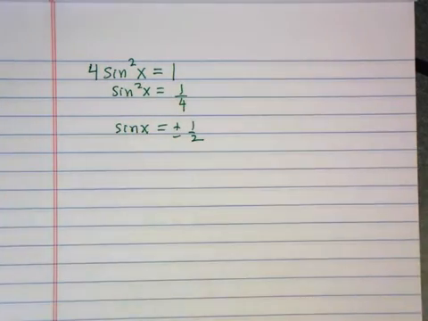When you do square roots, remember there are 2 of them. There's always a positive square root and a negative square root. So we need sine of x equals plus or minus 1/2, which tells us what? We need to find the answer in all 4 quadrants. We need all the positive answers and we need all the negative answers. So we need all 4 quadrants this time.